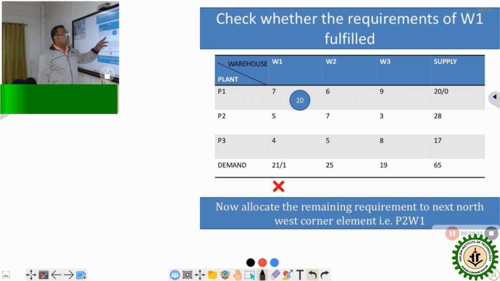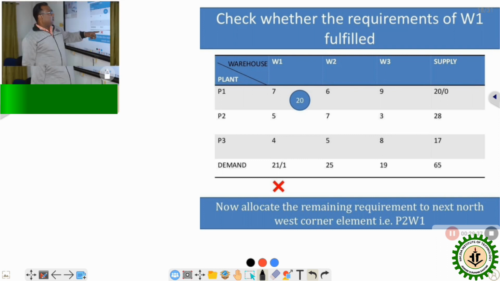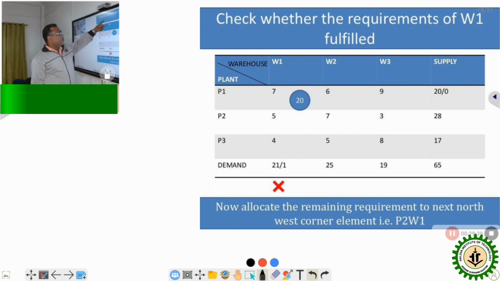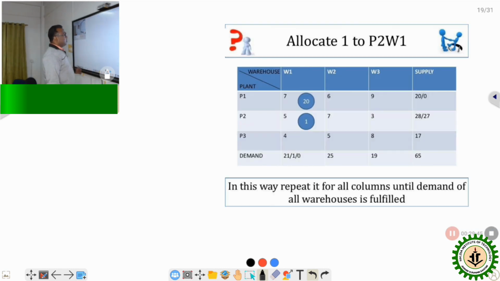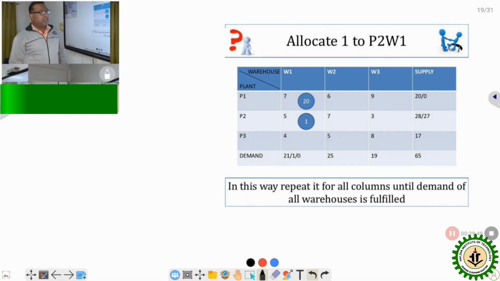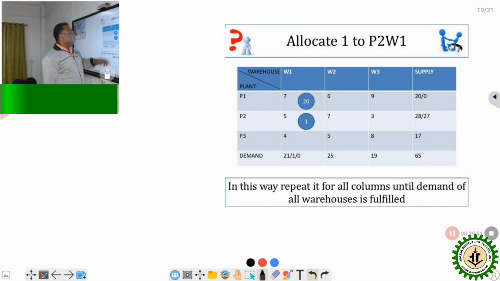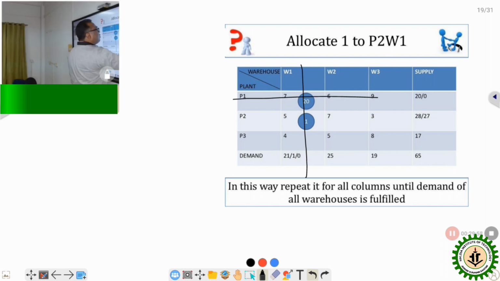Next step you can see that you have taken all these amounts. So basically, just a minute. Yes. So 1 unit will be present here. After that, you have completed his work. You have completed this one also.